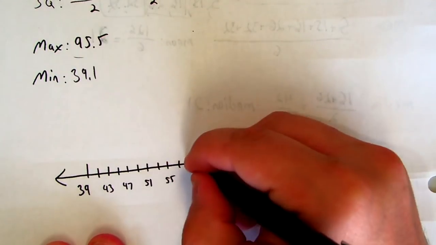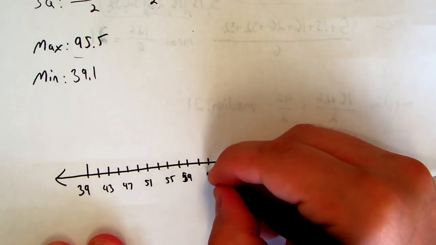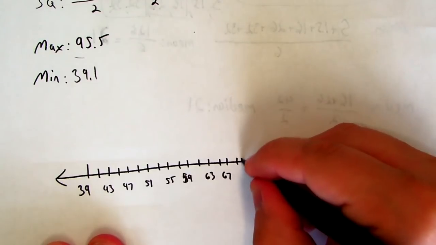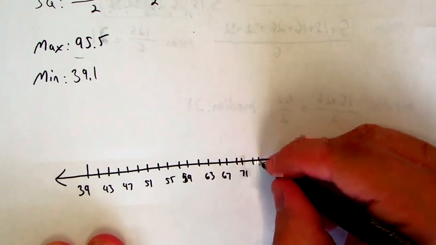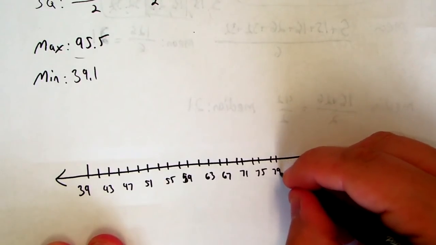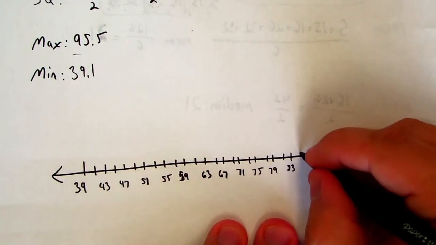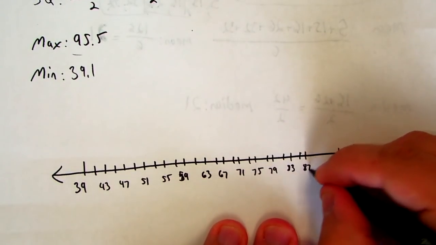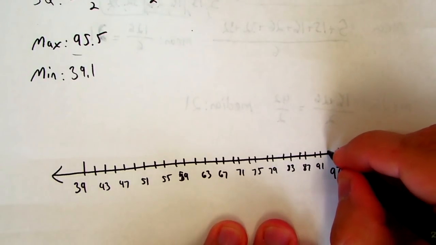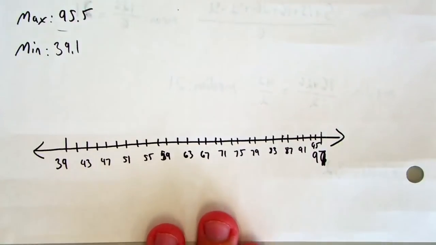And if we continue on like this, we would get up to 59, 61, 63, 67, 71, 75, 79, 83, 87, 91, 95, and there's 97.